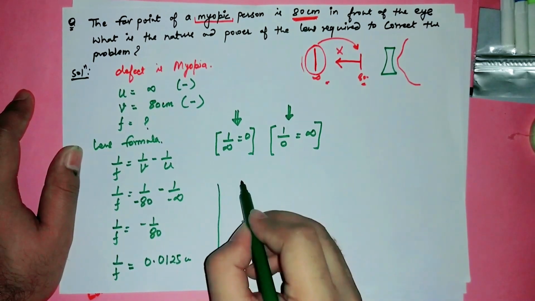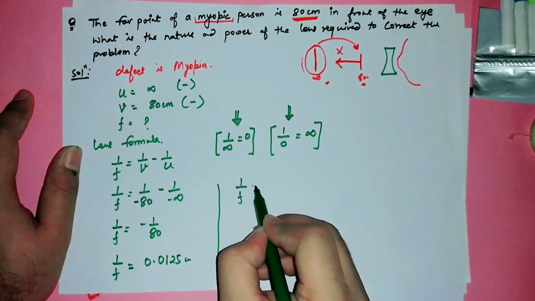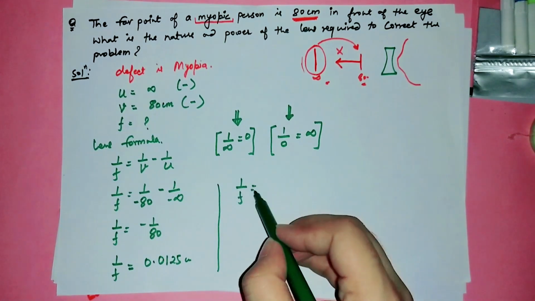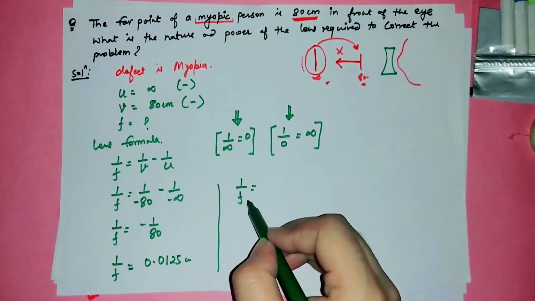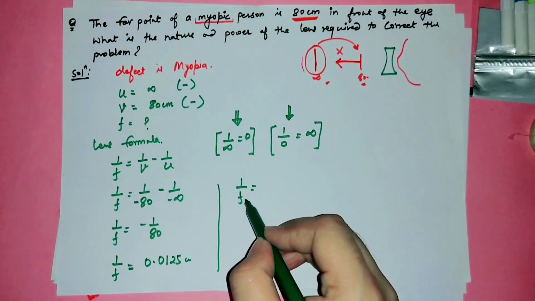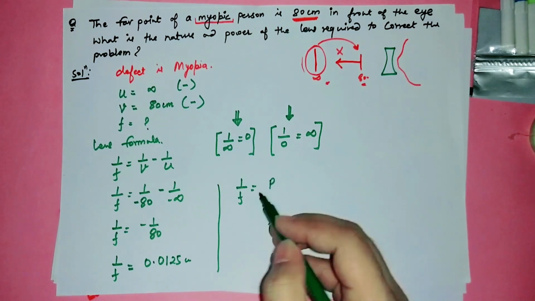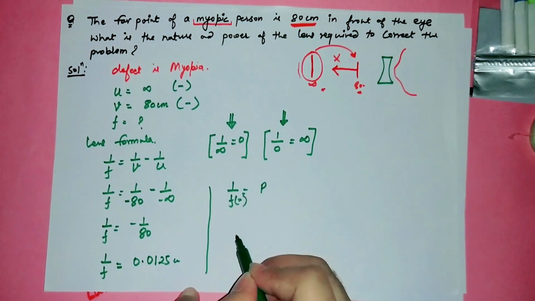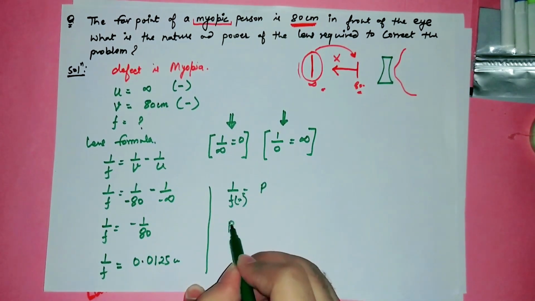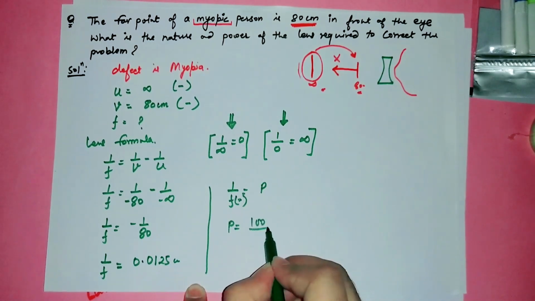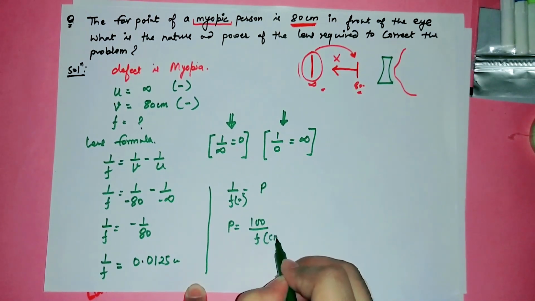If focal length is in meter, then power is 1 upon f. We also know that P is equals to 100 upon f if f is in centimeter.